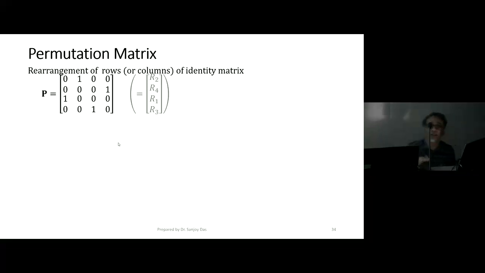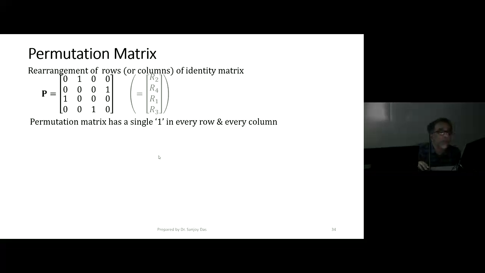So I take an identity matrix and rearrange its rows, and I get a permutation matrix. Or I equivalently could have rearranged the columns. So a permutation matrix has a single one in every row and every column.